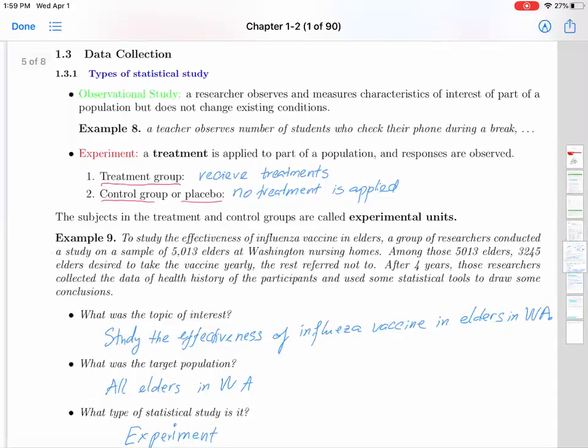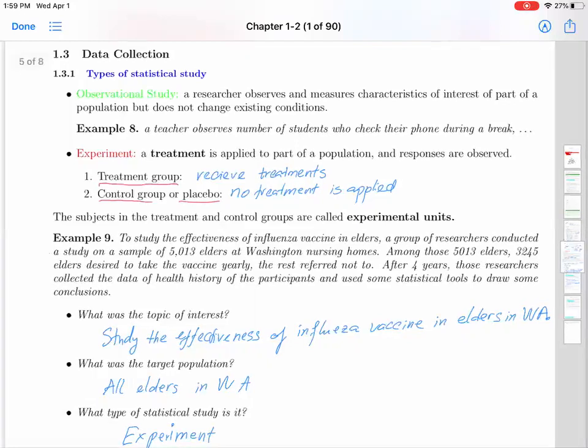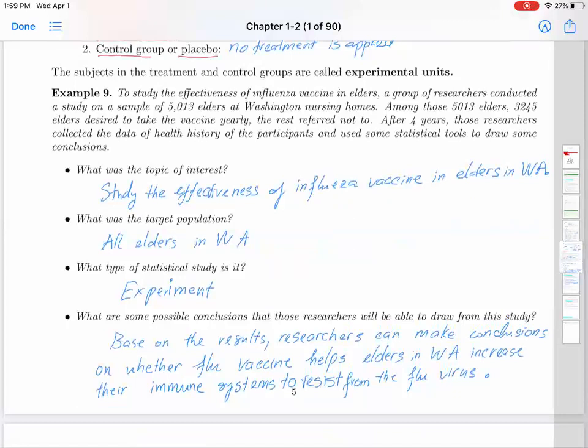All right, let's look at an example. Example number 9, the study of the effectiveness of influenza vaccine in elders. A group of researchers conducted a study on a sample of 5,013 elders at Washington Nursing Home.